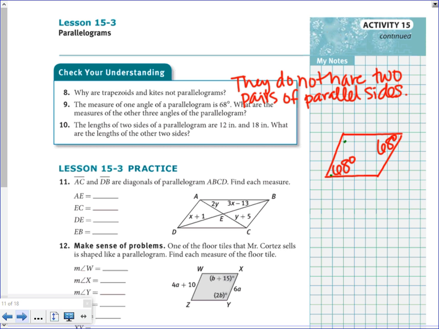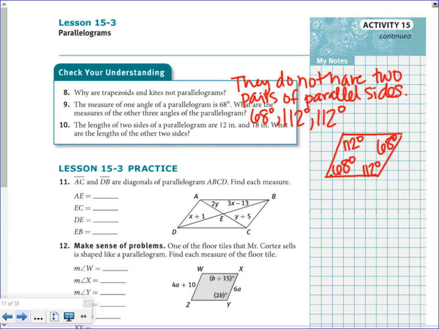So if this angle at the bottom left is 68, this angle at the top left is supplementary, so it has to be 112. And then if it is 112, the angle opposite to it is also 112. So if one angle is 68, another angle is 68, one angle is 112, and another angle is 112.